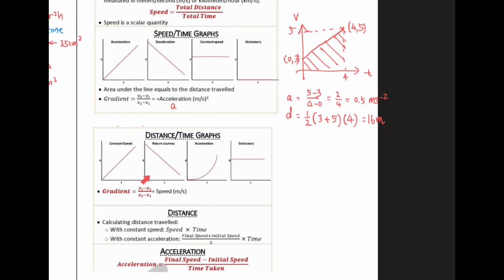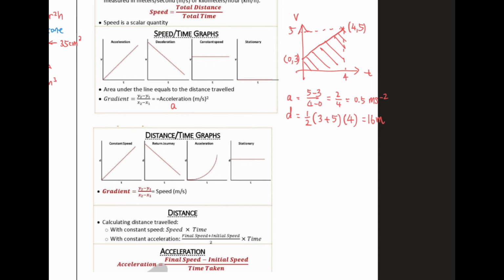If the line is going up, that means the object is moving forward. But if the graph is going down, that means the object is moving backwards. And if it is a curve, that means the object is accelerating.